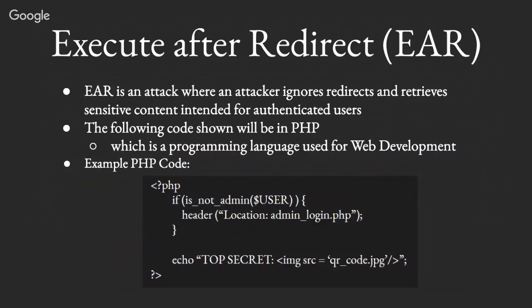Keep bringing him back to the login page. At the bottom of this code, it just says echo top secret. If I can skip this redirect, because I'm redirecting to another site, I can straight away enter this top secret code and see this image. So this is a vulnerability if you never code your web app properly.